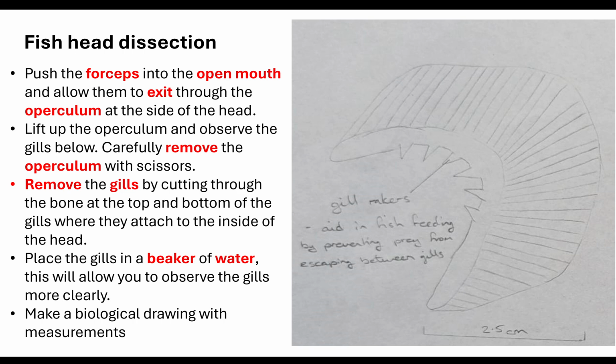Now, by placing the gills in a beaker of water, that should allow them to fan out, and that will allow you to observe those filaments more clearly. Then once you have observed them, you will either make a biological drawing with measurements, or you may try and look at them down a microscope depending on what your school does.